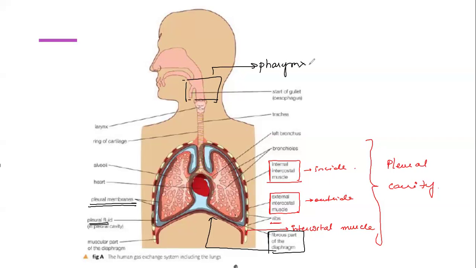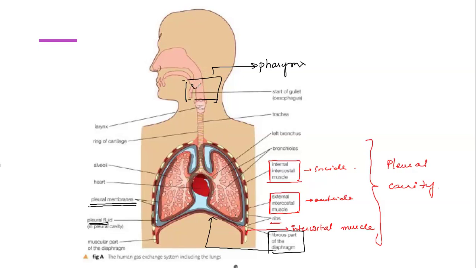All right. Now, after this, the oral cavity continues on to give you the esophagus. The nasal cavity continues on to give you your respiratory system. Over here, if you remember, we have an epiglottis.